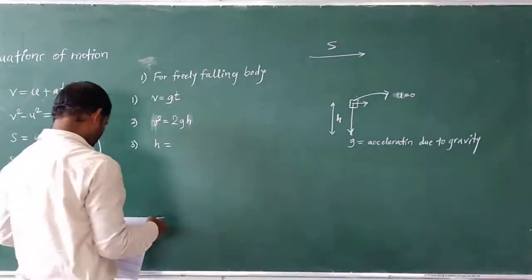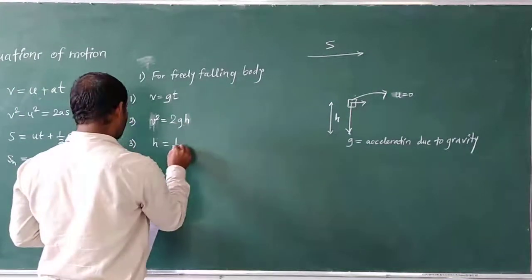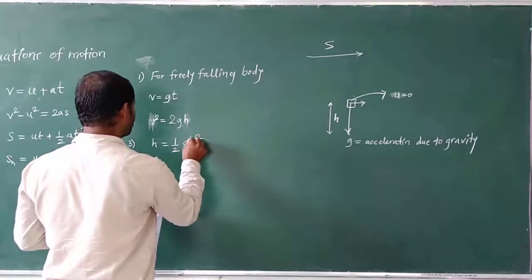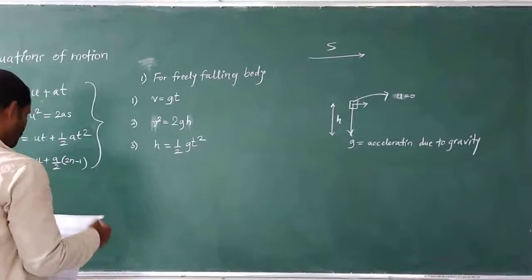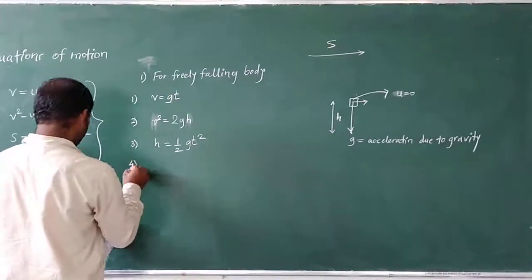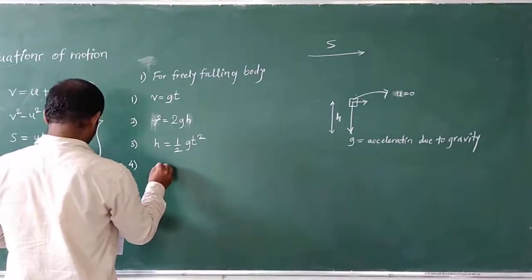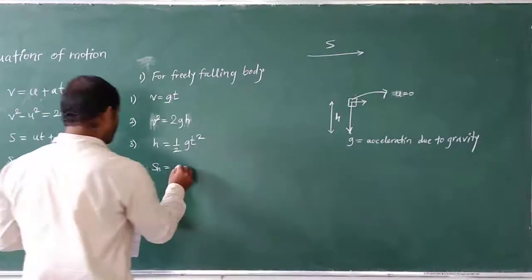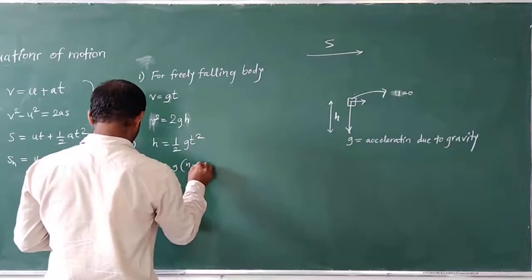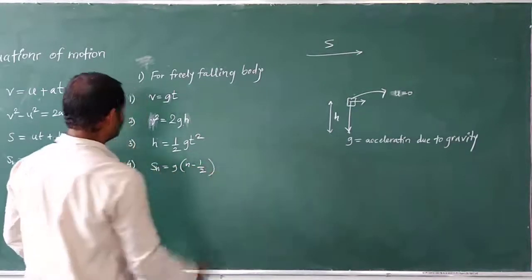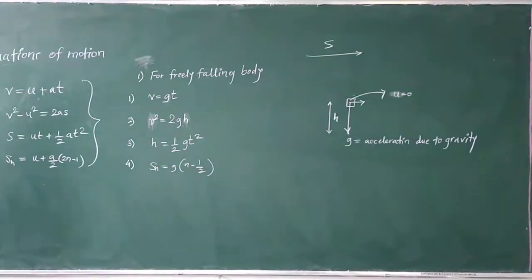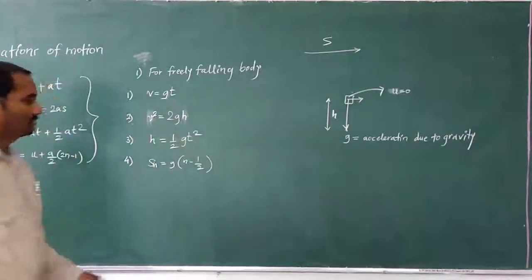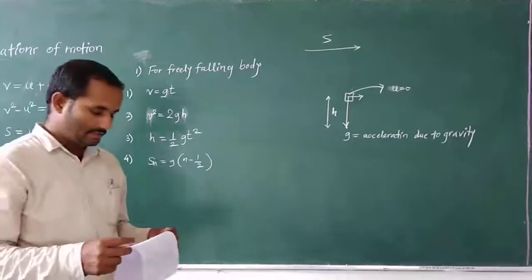Then the third equation is h is equal to half gt square, and the fourth equation becomes s_n is equal to g into n minus half. So for a freely falling body from some height, we can use these formulas.